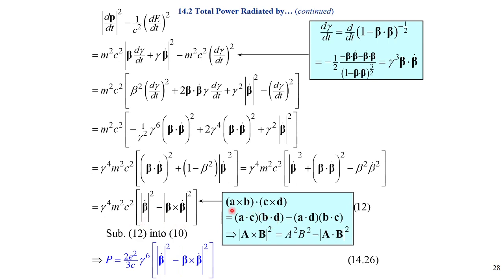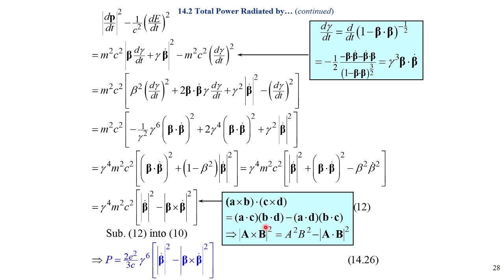How? We can use the quadruple product, (A cross B) dot (C cross D). The result will be (A dot C)(B dot D) minus (A dot D)(B dot C). So A cross B squared equals the inner product, (A cross B) dot (A cross B).